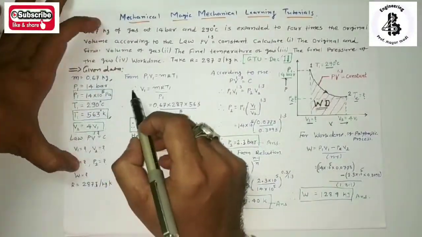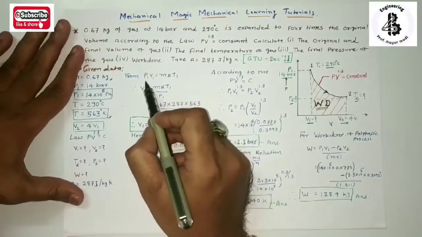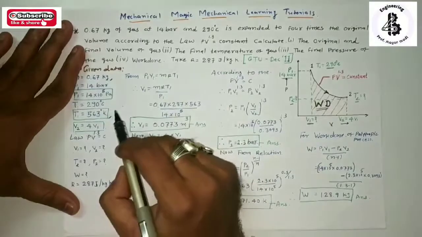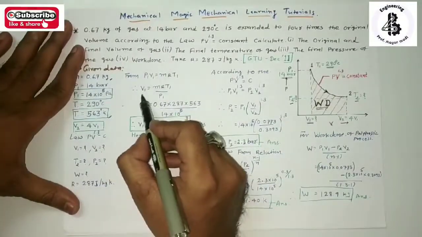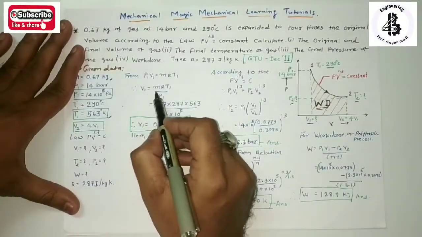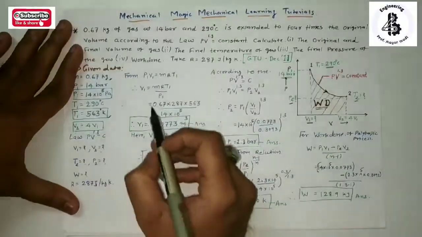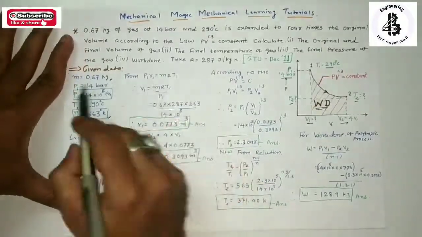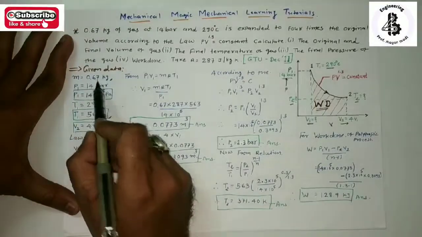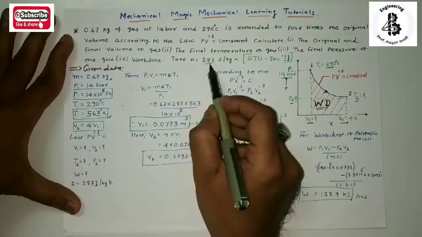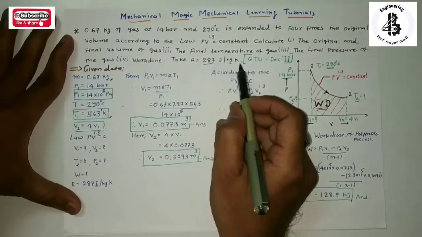So let us start with the solution. We have the relation P1 V1 = m R T1. Solving for V1, V1 = m R T1 divided by P1. Put the value of m, from the data 0.67, R given as 287 joule per kg Kelvin.